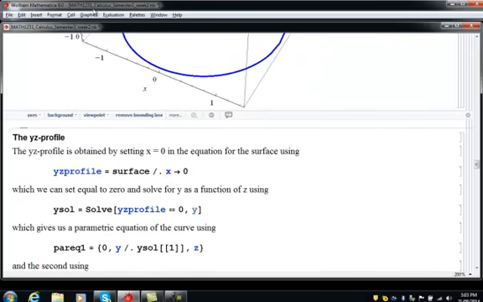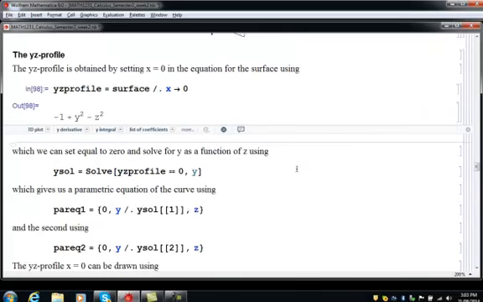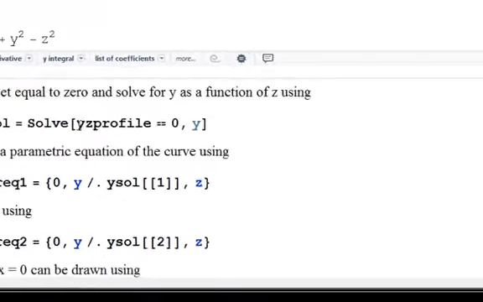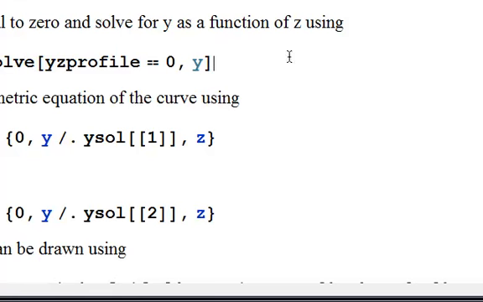So now let's move on to the YZ profile. The YZ profile is obtained by setting x equals 0 in the equation for the surface, and we can do that using this. And we can set that equal to 0 and solve for y as a function of z using this. So we take the YZ profile, set it equal to 0, and solve for y using the Mathematica Solve program.